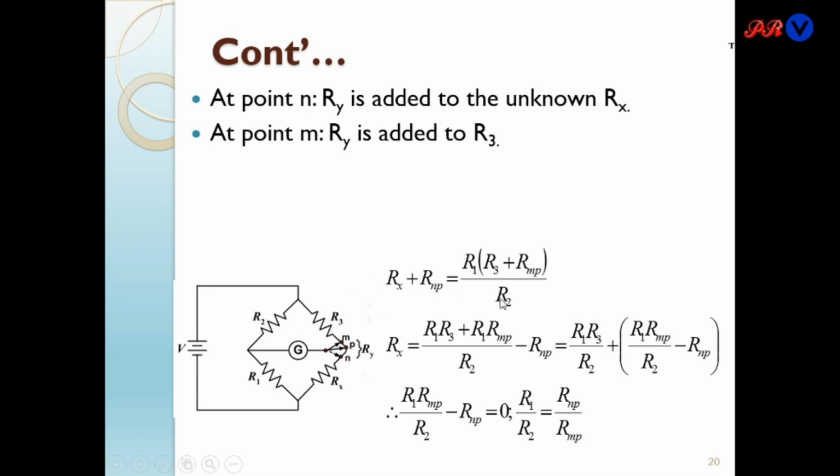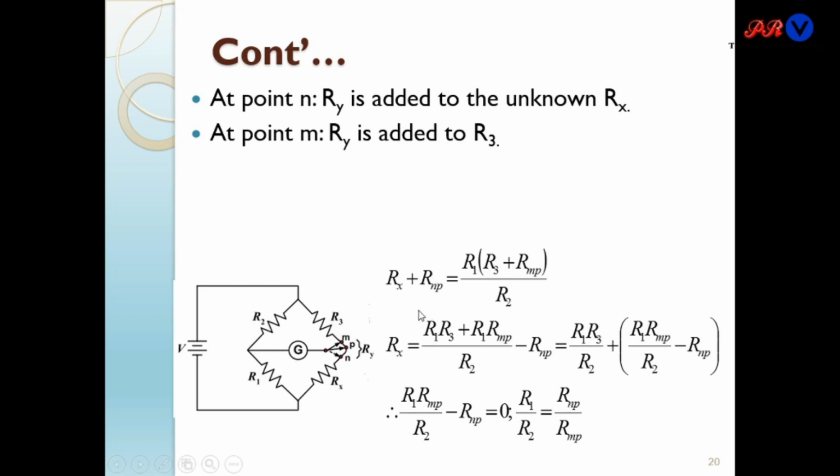So this product R2 into Rx must be equal to R1 into R3 plus Rmp.